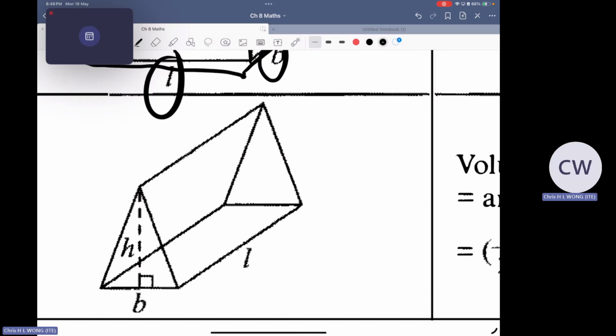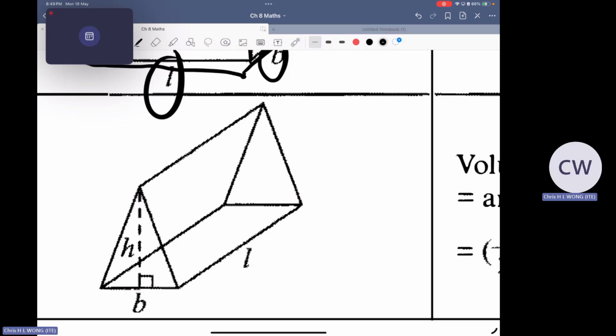But when it is a prism, look very carefully. Prism is different. The moment you identify it as a prism, you're going to tell yourself where is the front, where is the back. That's very important. The prism in this case is a triangular prism. The front and the back of the triangular prism are the same.